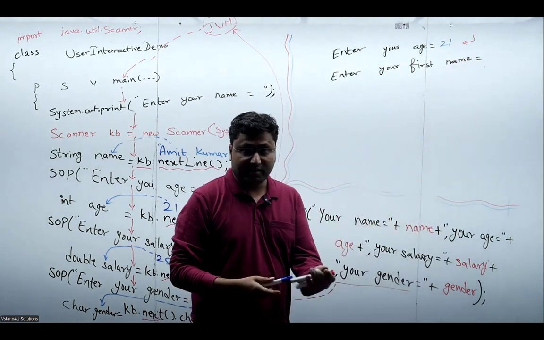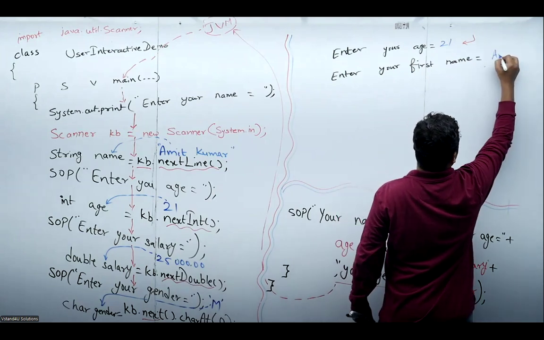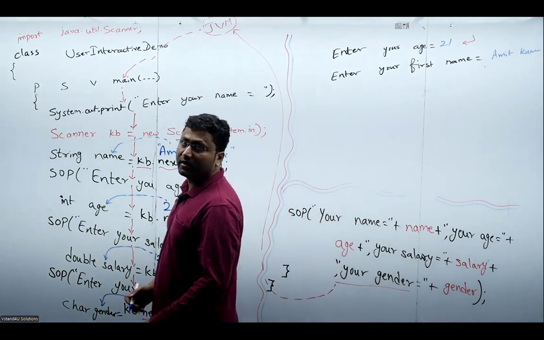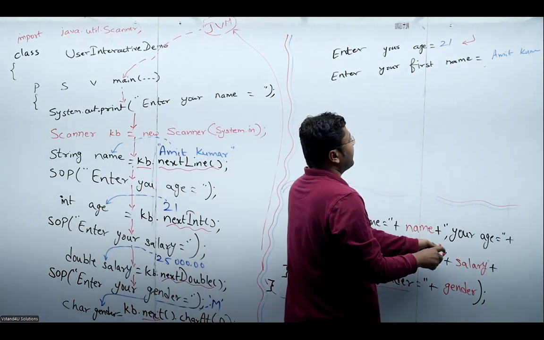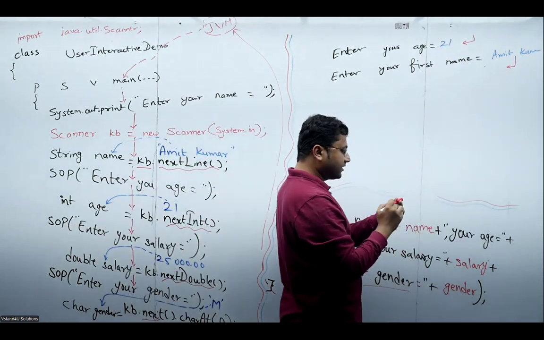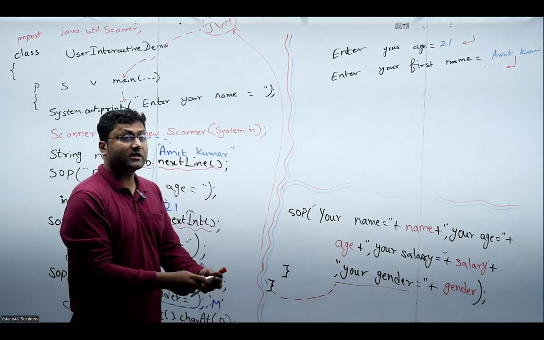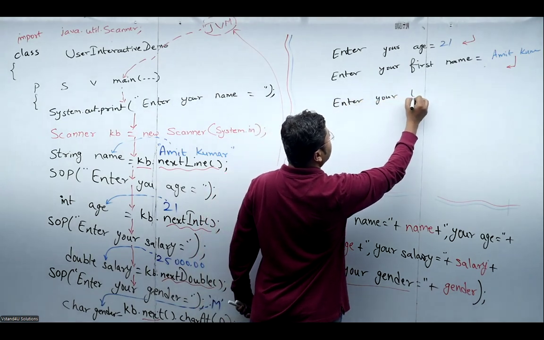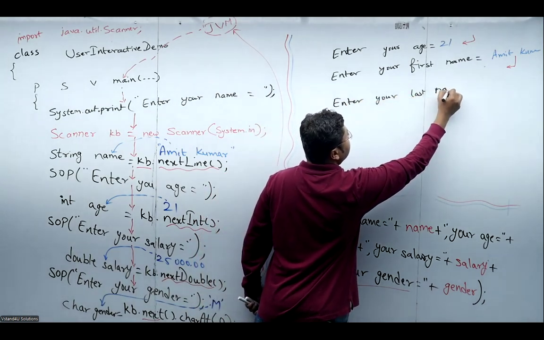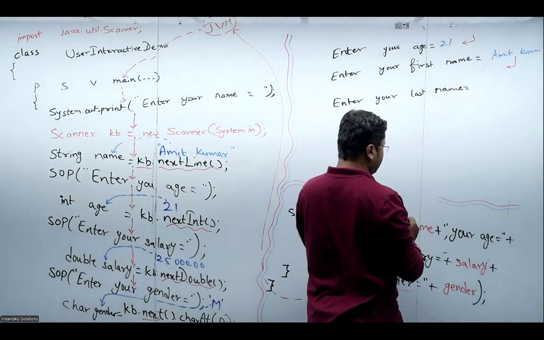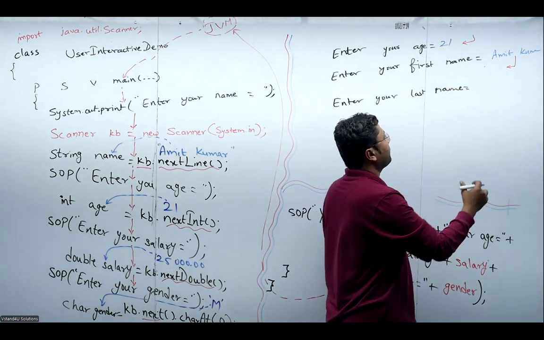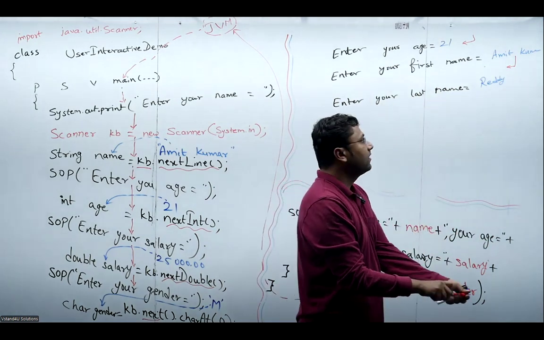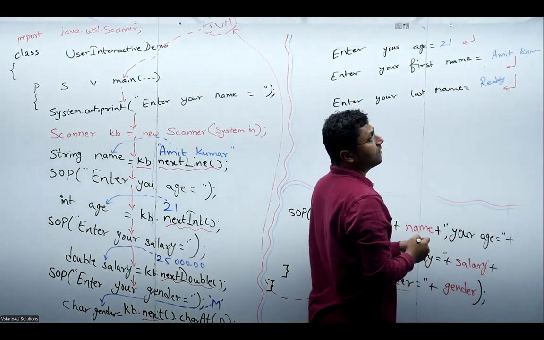Ideally, if it is working fine, it should wait and ask me the first name value. Am I right? Amit Kumar. And after giving Amit Kumar, again I will press enter. Then it should ask me: enter your last name equal to. Am I right? Then I should get an opportunity to give Reddy as the last name and hit the enter key. Agree? Am I right?